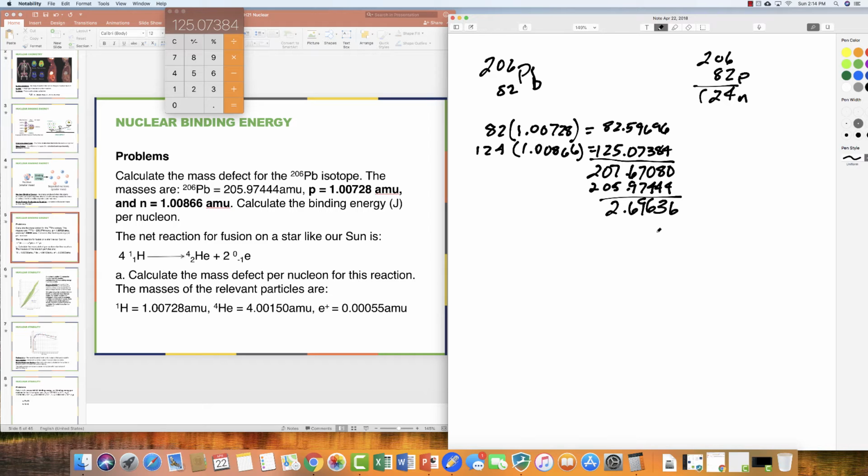which is 2.69636. So the mass deficit is 2.69636 AMU.